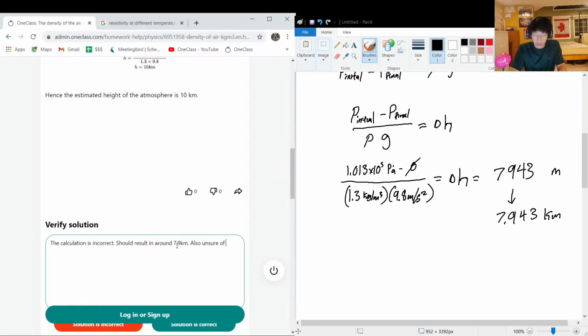Also, unsure of derivation of the equation used would be helpful. Other equations also exist for pressure at different heights, and it would be good to specify why choose this one over the other equations.